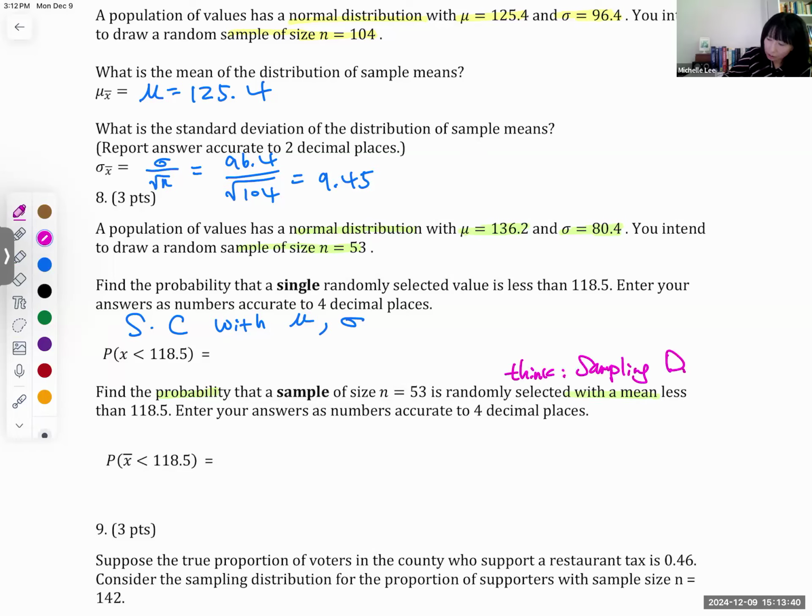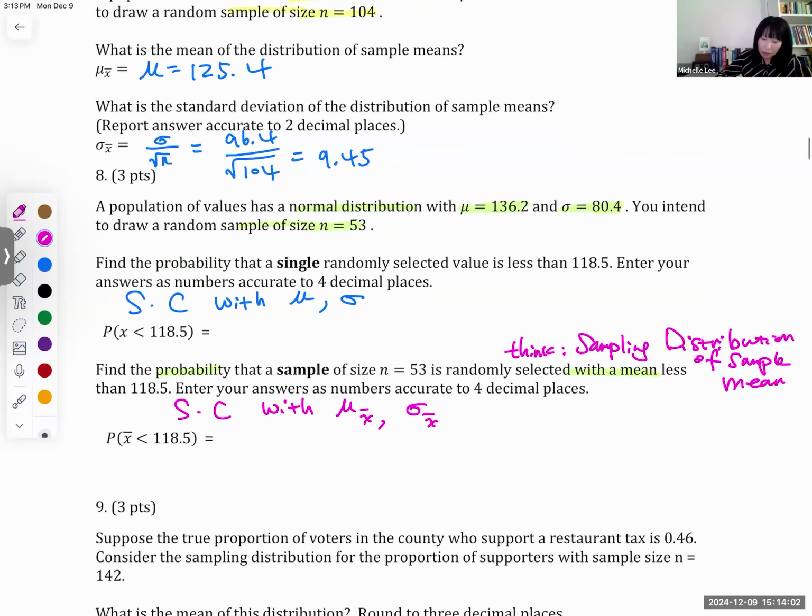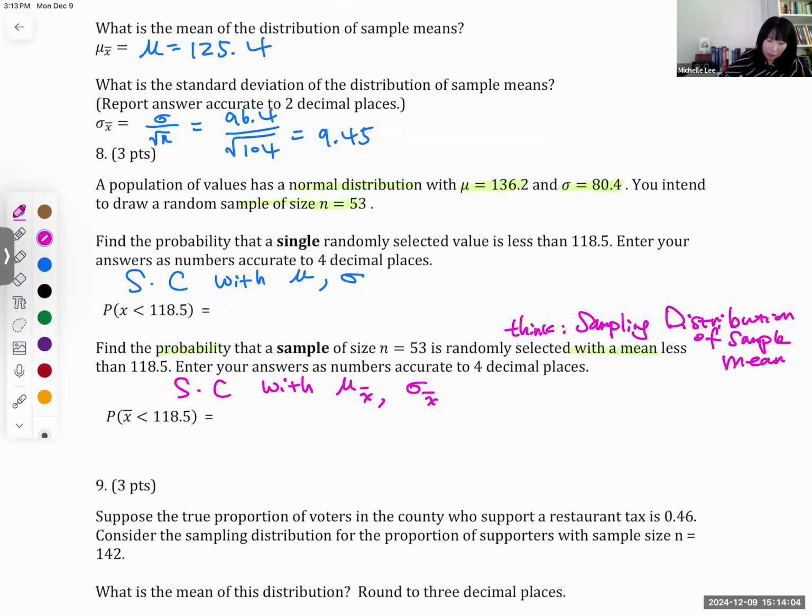In that case, we are using StatCrunch with mu sub x bar, sigma sub x bar. All right?